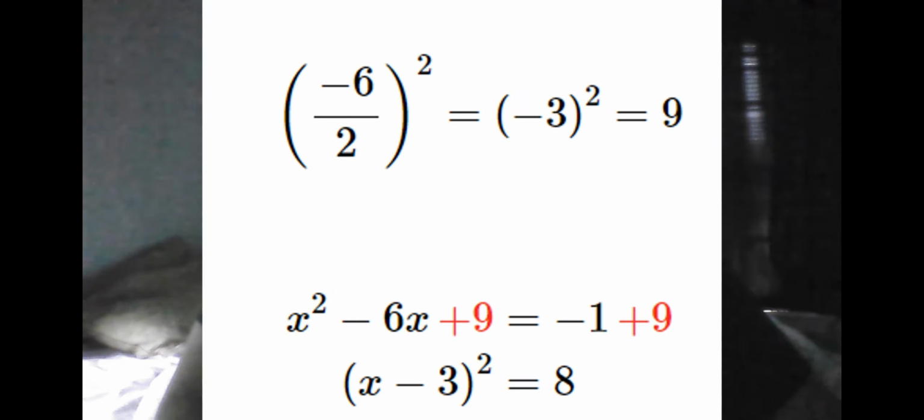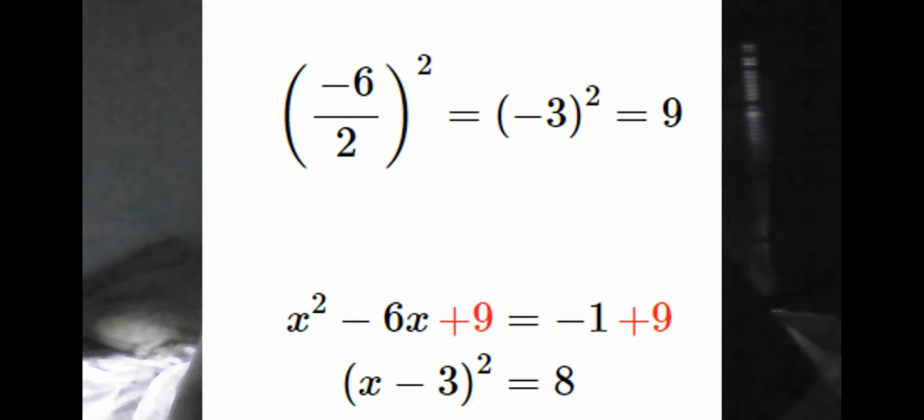In particular, we rearrange it so that negative 1 is on the right hand side. See that b is negative 6. So negative 6 divided by 2, squared, is negative 3 squared, which equals 9. We add 9 to both sides. See that the left hand side condenses into a perfect square, and the right hand side is still a constant, albeit a different constant than we were given in the problem.